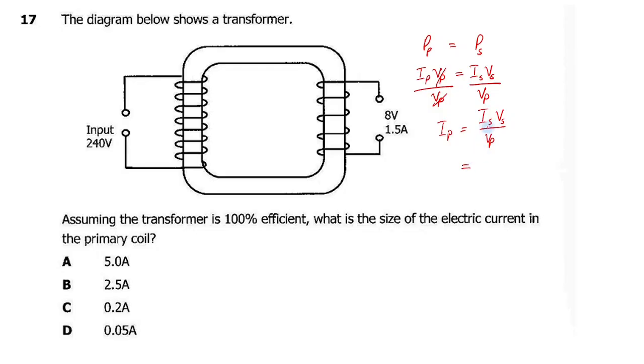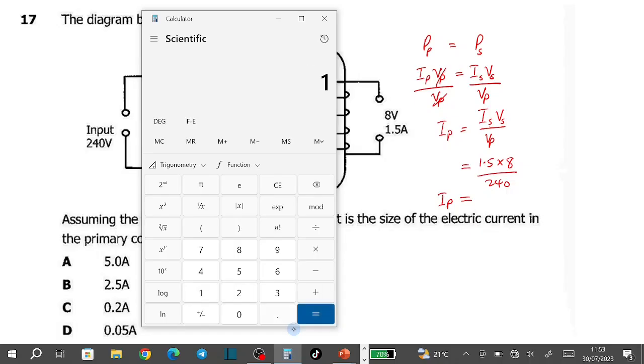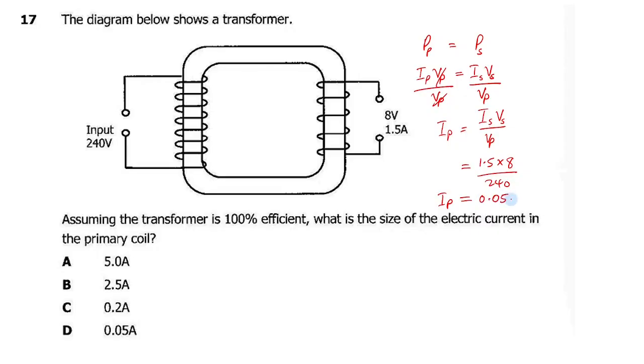Then we substitute: current in the secondary is 1.5, times voltage in the secondary, 8, over voltage in the primary, 240. Evaluating this on the calculator, 1.5 times 8 divided by 240, we get 0.05 amps. That will be our answer, which is D.